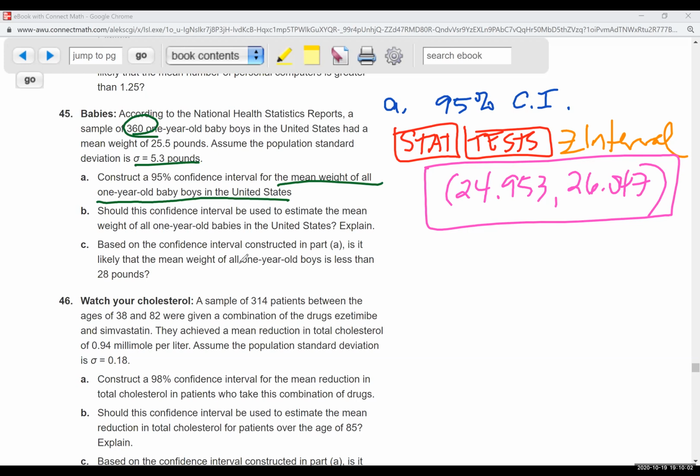Letter B, should this confidence interval, 24.95 to 26, be used to estimate the mean weight of all 1-year-old babies in the United States? And then explain. What do you think?